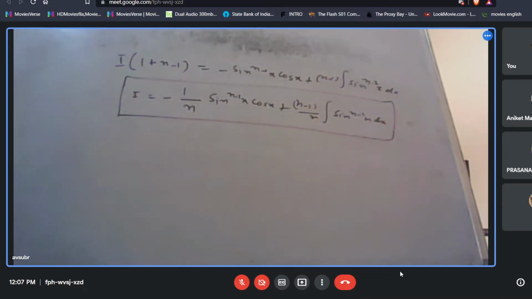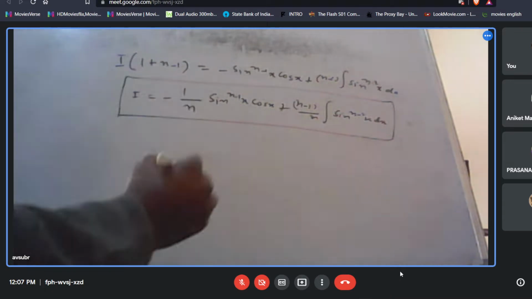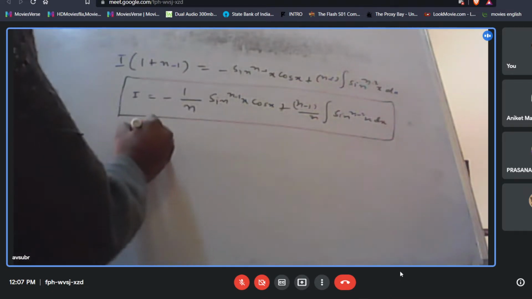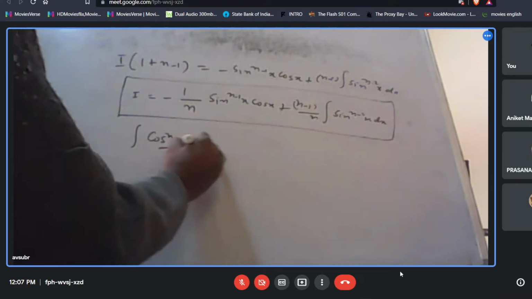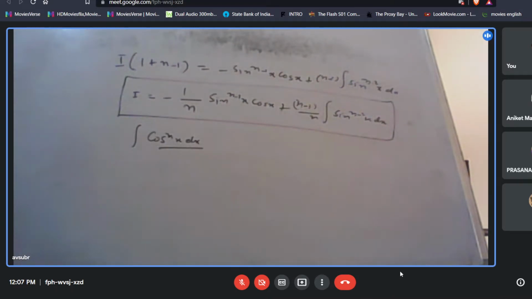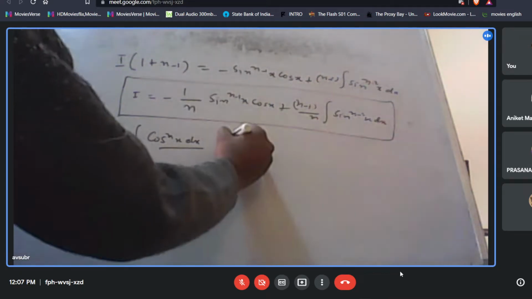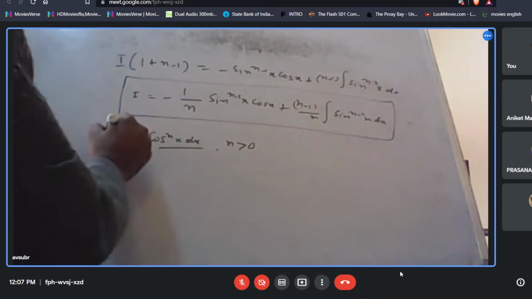Now, similarly, we can find out the reduction formula for cos to the power n x, when n is greater than 0 or 1, whatever we write down.